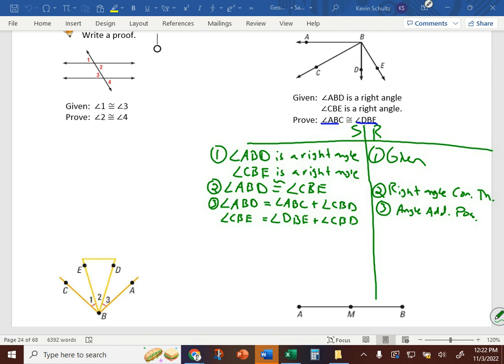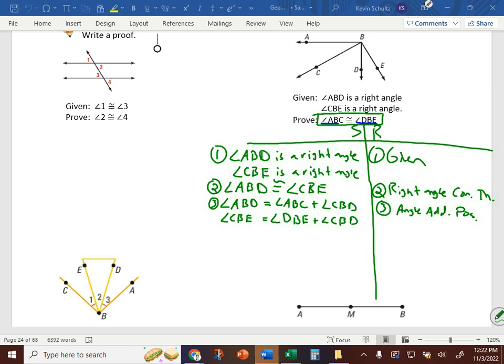How do you just know what the next step is? Well, because we're working toward this statement here. And so our next step should be setting up some sort of equation that's going to include ABC and DBE on opposite sides, right?